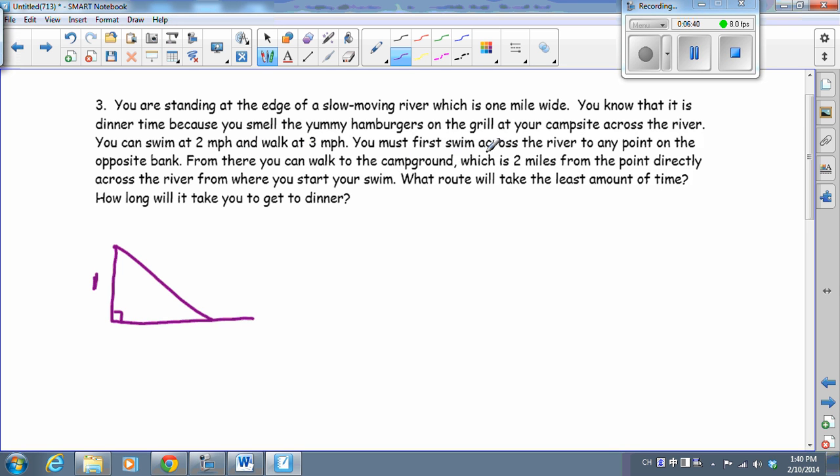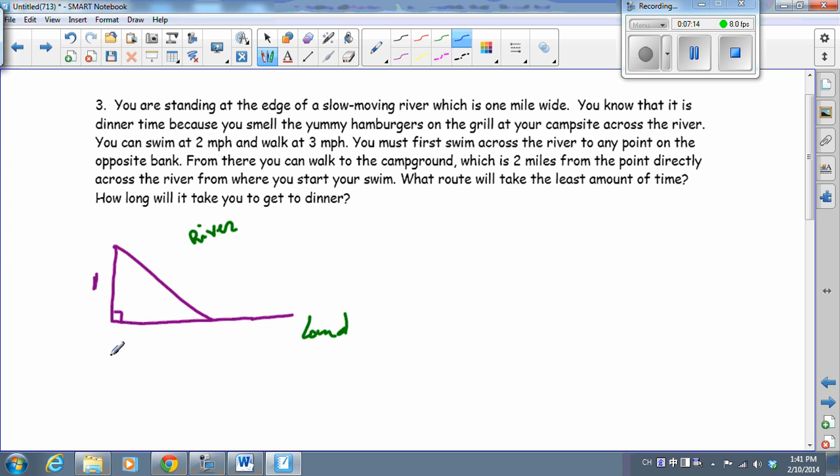All right. You must first swim across the river. So let's say this is the river and this is the land. Let me extend that land. You must first swim across the river to any point on the opposite bank from where you can walk to the campground, which is 2 miles from the point.